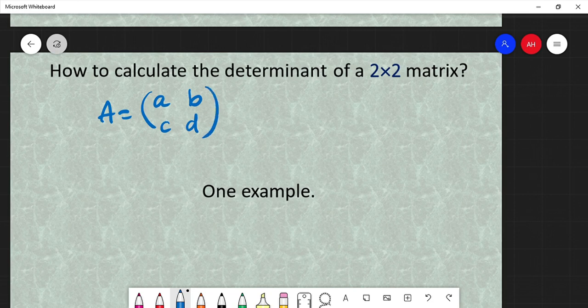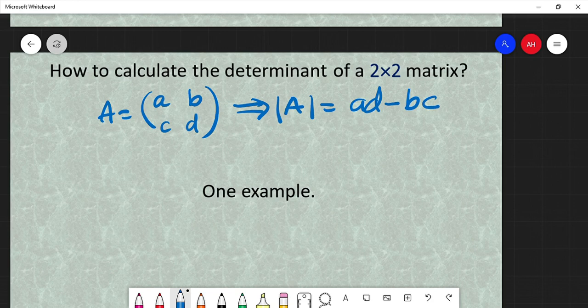In the first row we have a, b, and in the second row we have c, d. Then the determinant of matrix A is equal to a multiplied by d minus b multiplied by c. That's the formula to find the determinant of a 2 by 2 matrix.